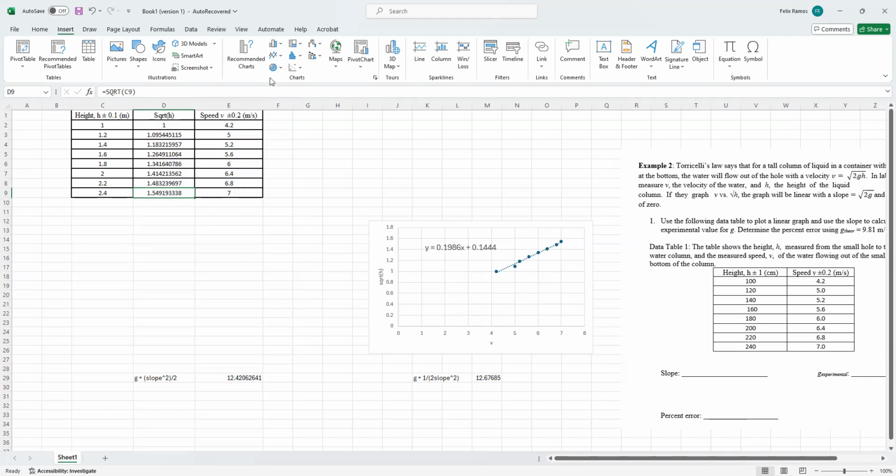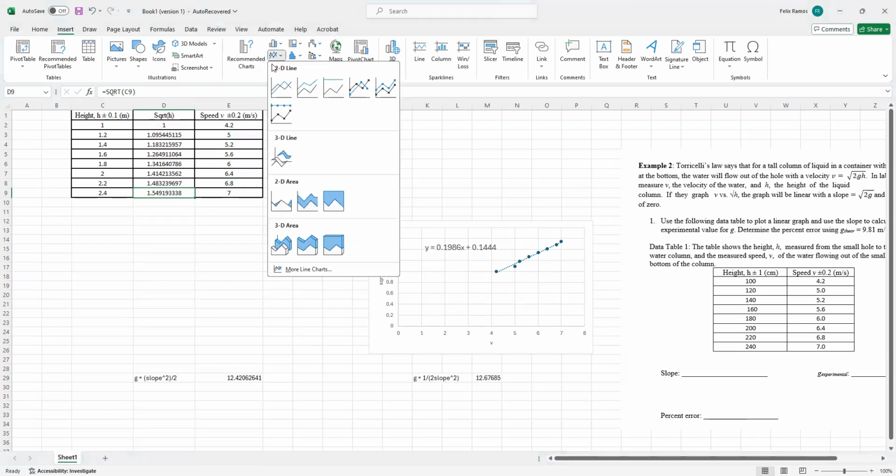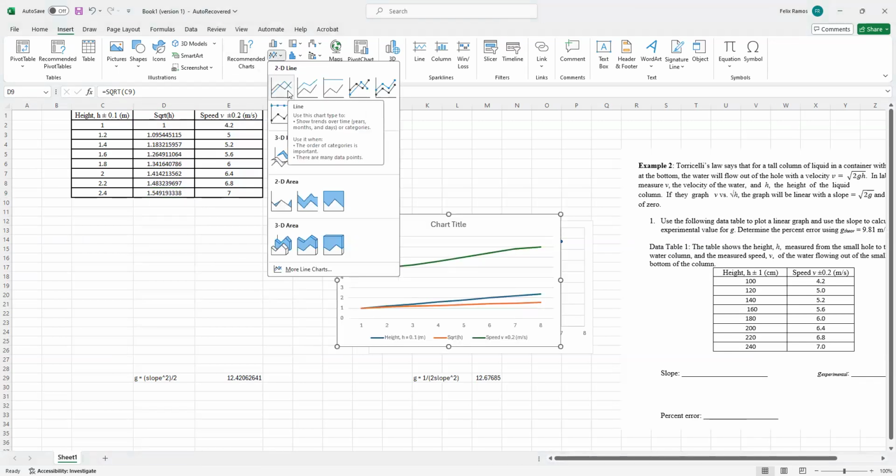So what is a super common mistake? To select line graph. That is wrong. Why? Because line graphs are not used to compare two variables. This type of chart is used to show trends over time, meaning over years, months, days, or other categories, when the order of categories is important and there are many data points.